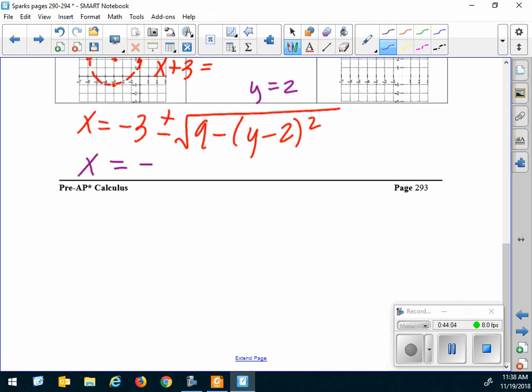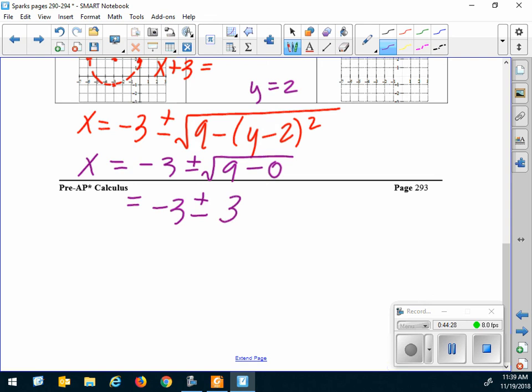When y is 2, this is the square root of 9 minus 0, negative 3 plus or minus 3.